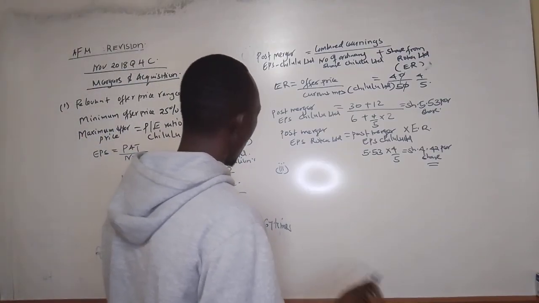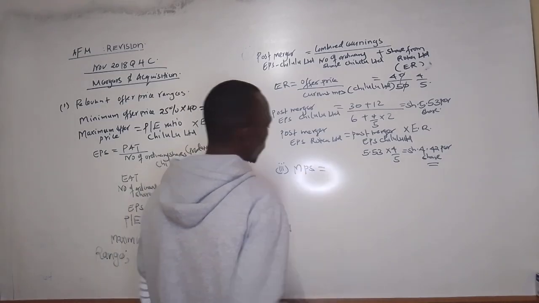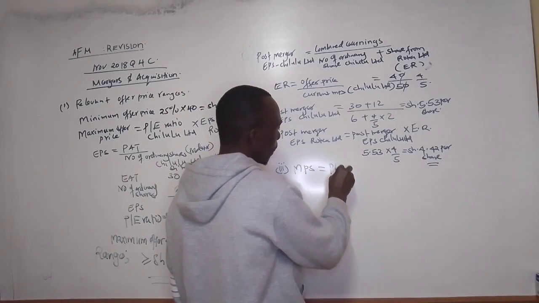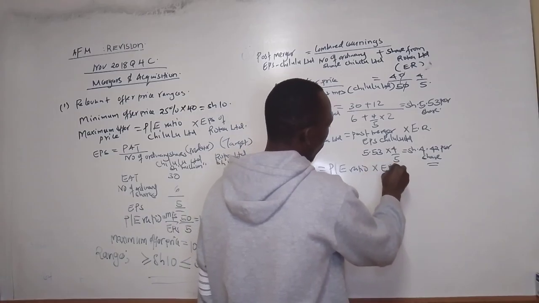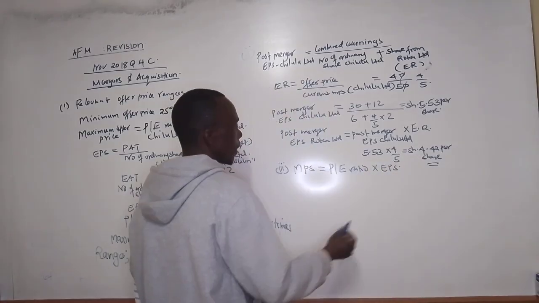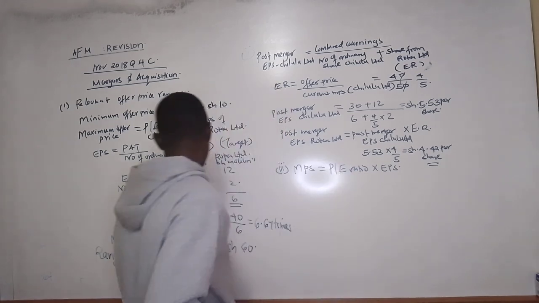So how are we going to get the MPS? MPS is given by the PE ratio multiplied by the EPS. The examiner has said to assume that the PE ratio remains the same.